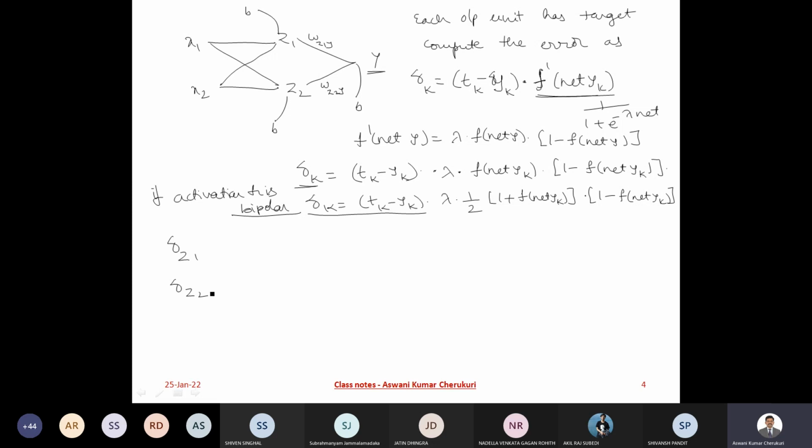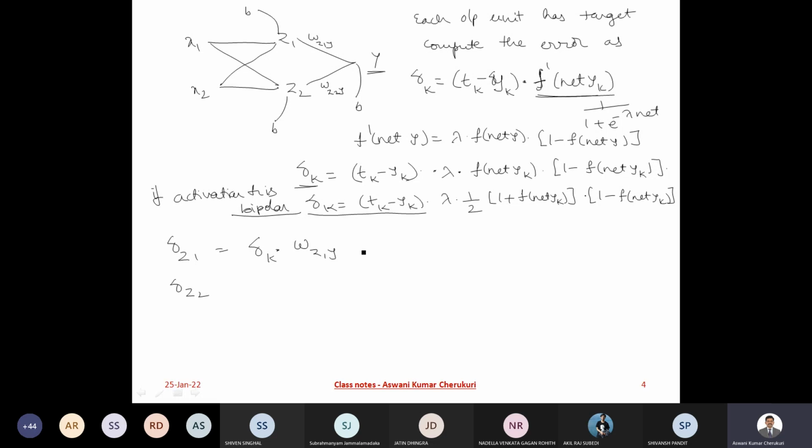So how are we going to calculate del z1? Since you have only one node in the output layer, the output layer node y is propagating its error to z1. What is the output error term at y? That is your del y or del k, whatever it is, del k into wz1y.